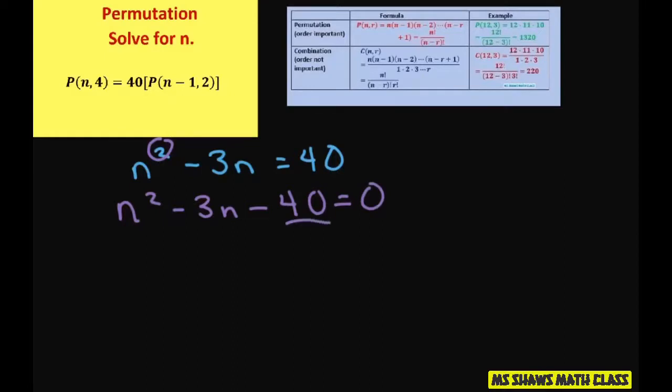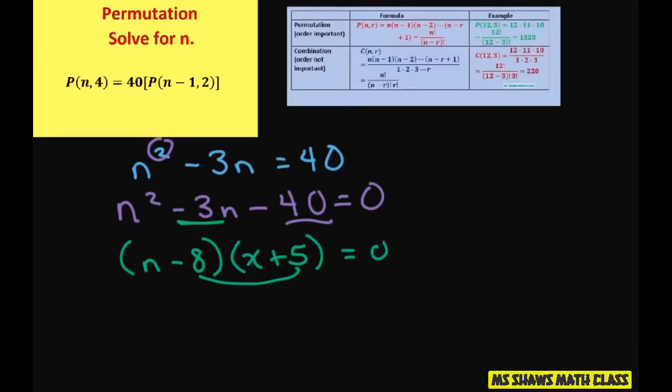Now we have to get our factors of 40 that give us a negative 3. So that's going to be n minus 8 times n plus 5, because that equals negative 40, and negative 8 plus 5 is negative 3. So our solutions are n equals 8 and n equals negative 5.